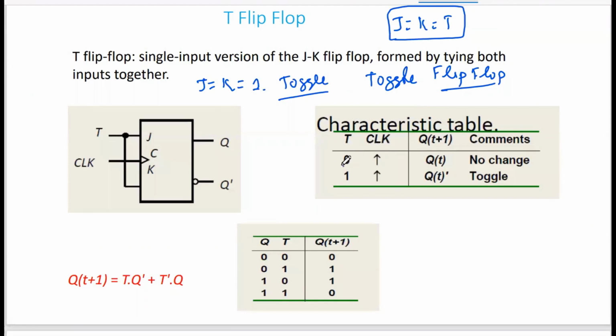That means if T is equal to 0 and your clock is there, then output will be no change. And if T is equal to 1, clock is there, output will be changing.